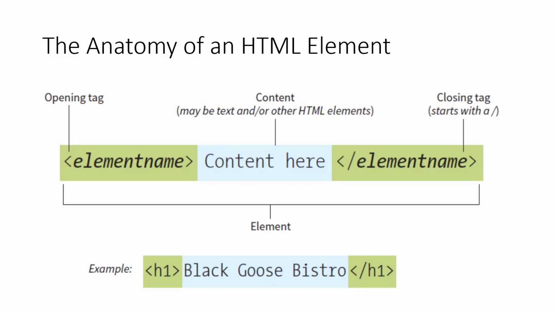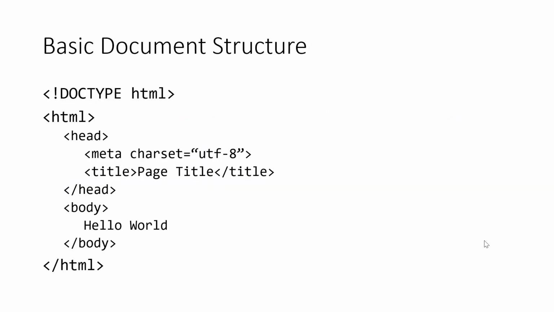So having said that, we also looked at the basic structure in HTML. We start with the doctype, which describes that it's an HTML document. And not only that, we also have the start of HTML and end of HTML, which is the HTML document.